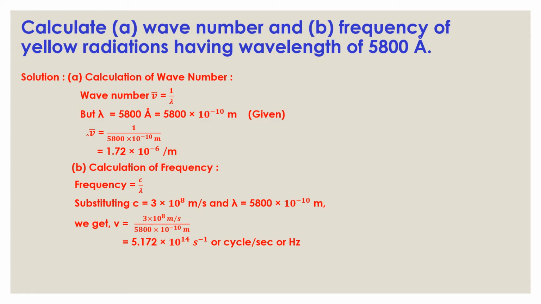After dividing both of them, we get ν, the frequency of the yellow radiations, that is 5.172 × 10^14 per second, or we can write hertz. I hope you have understood this question for calculation of wave number and frequency of yellow radiations.